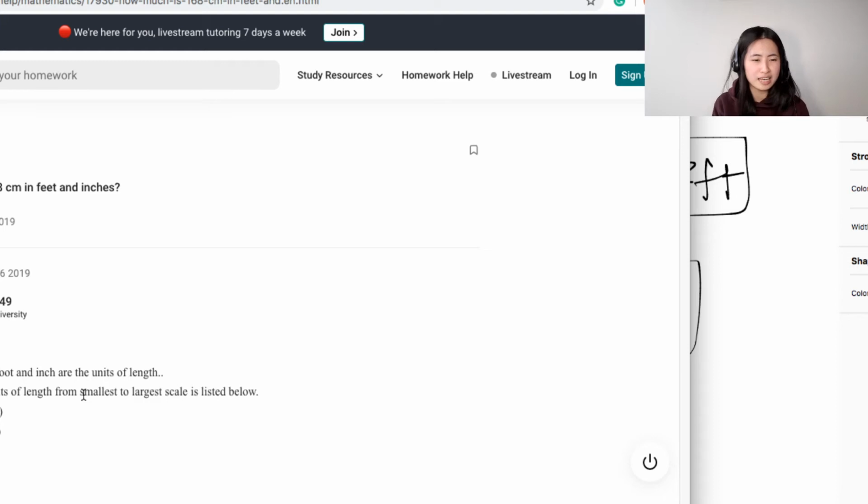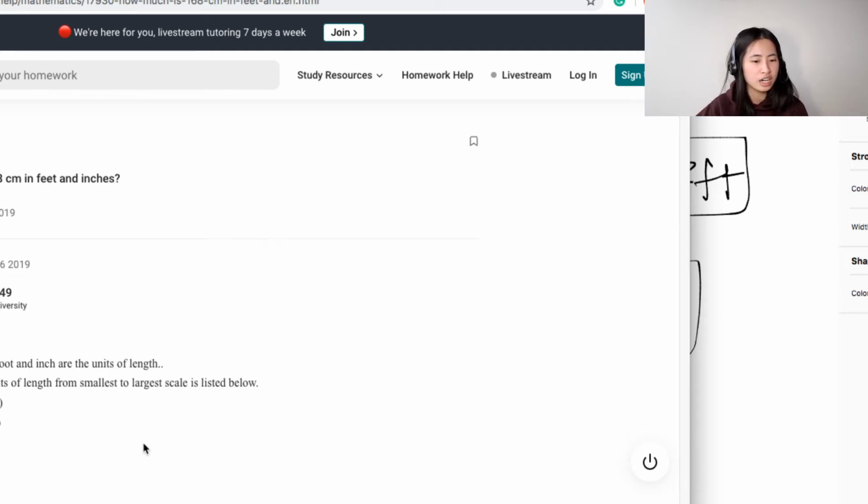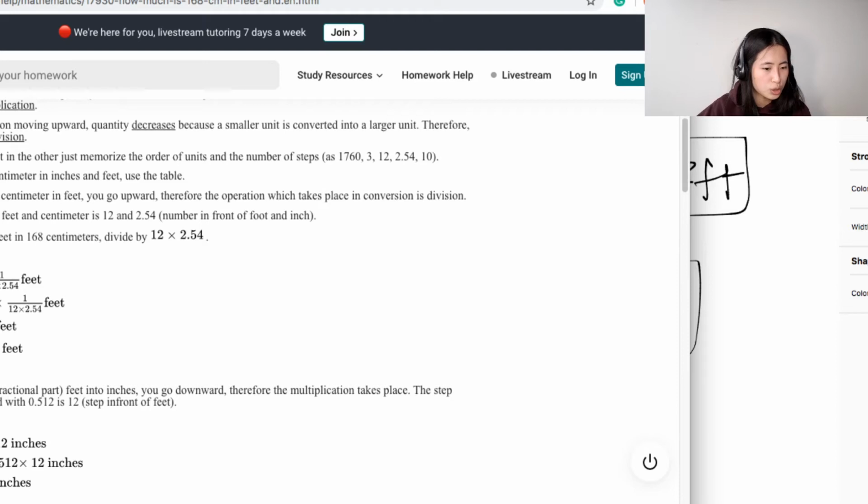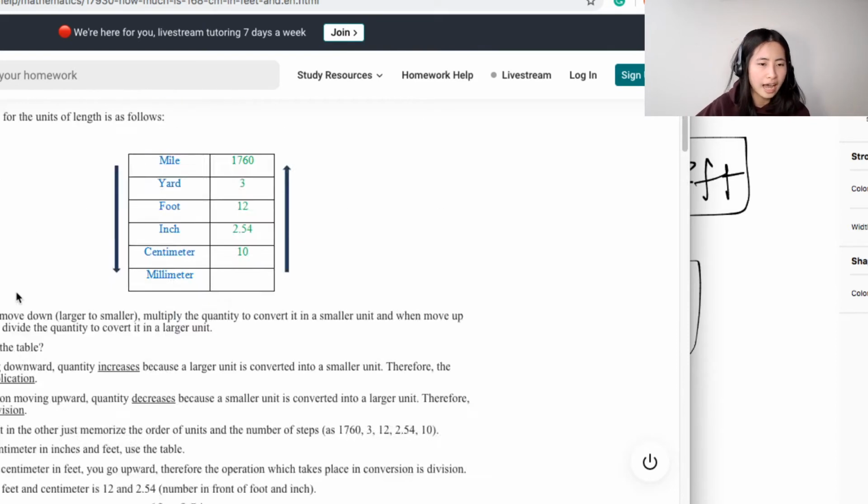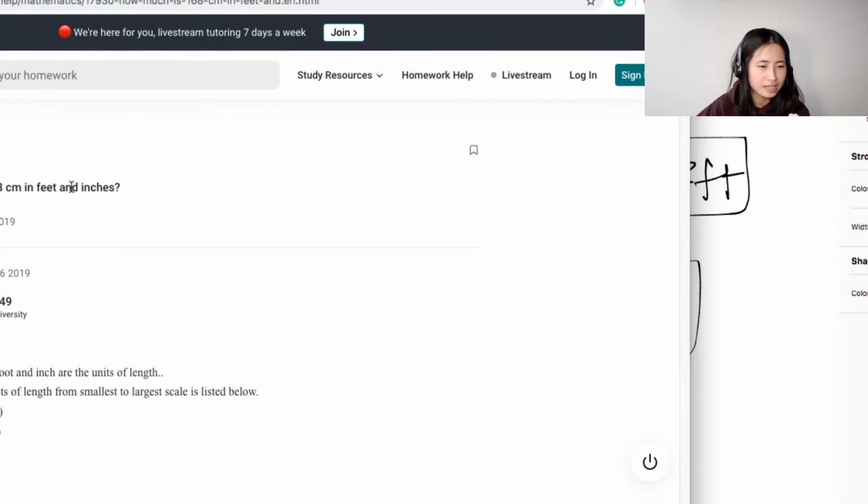Or what they mean is you need to express 168 centimeters in terms of feet and inches together. So if it's together, then they would have to use 0.512, which is right. I think it's just the way the question is worded. It's very confusing because you can think two ways.